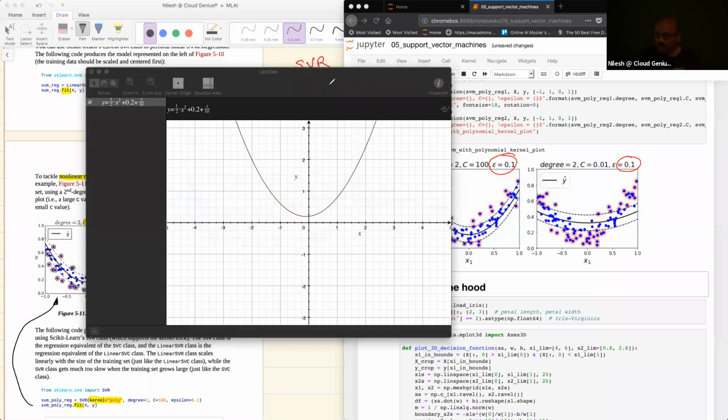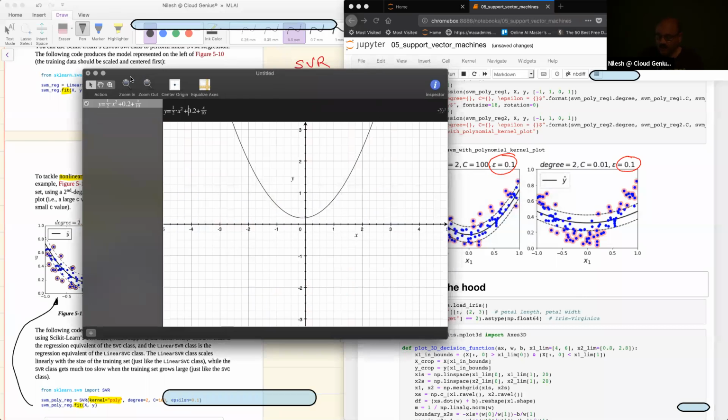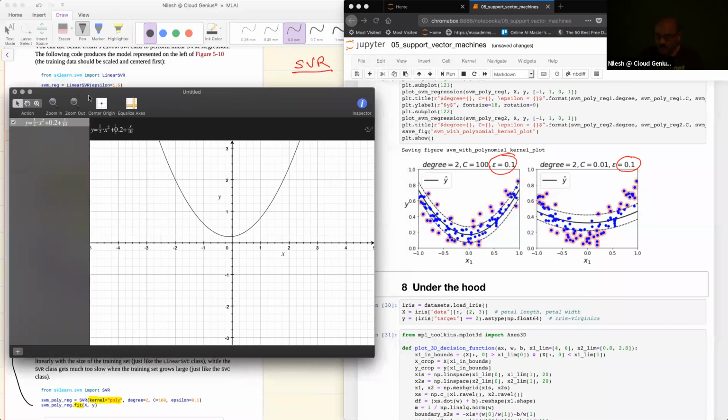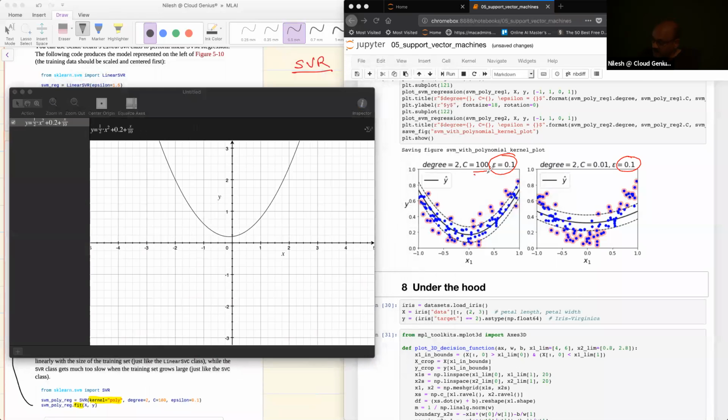This is the actual curve that we know of, but that is not the exact nature of the data set. The data set is random, as we have introduced randomness in the data itself. That's why you have data points all over the map. So this expression with C equals 100 is attempting to capture most of the data points within these boundaries. Most of the points, not all of them.